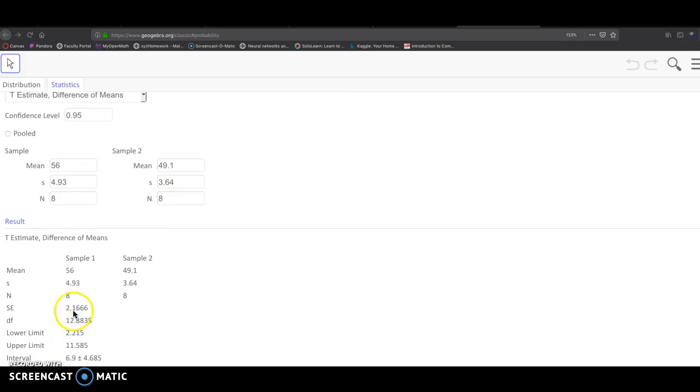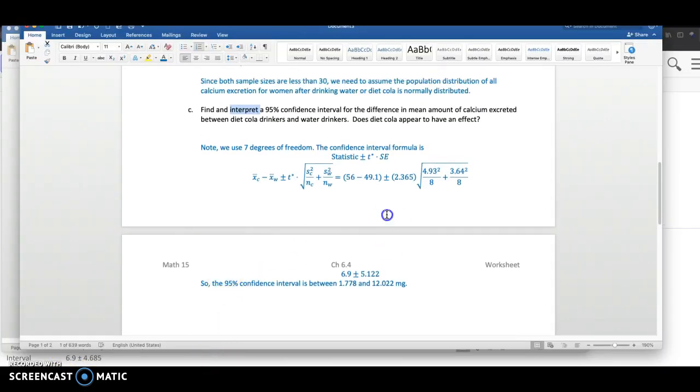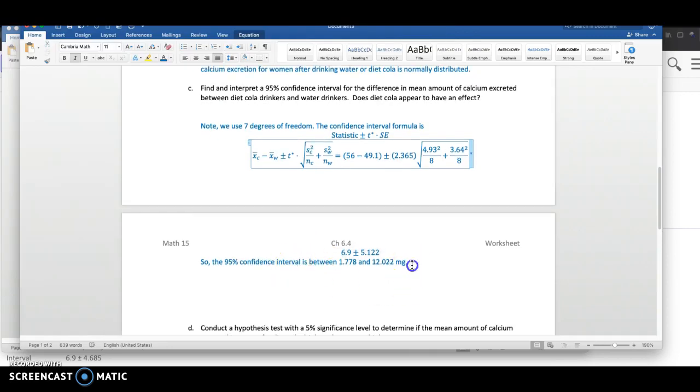All right, so looking at GeoGebra's results, I entered in all the data, t-estimate difference of means, 95%. I have noticed, having gone through the homework assignment, that there is a little bit of a difference here. So here it gives the confidence interval to be 2.215 to 11.585. When we computed this through the actual formula, we got the confidence interval to be 1.778 to 12.022.